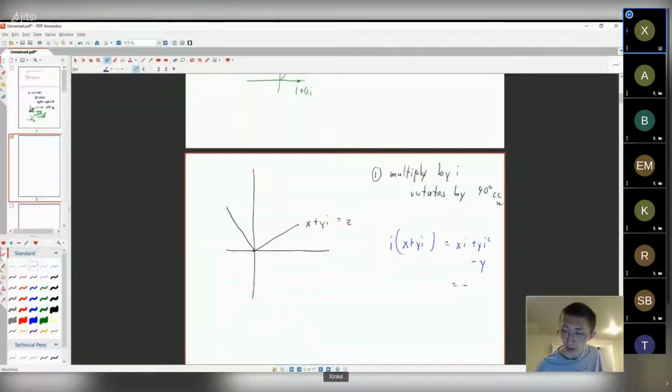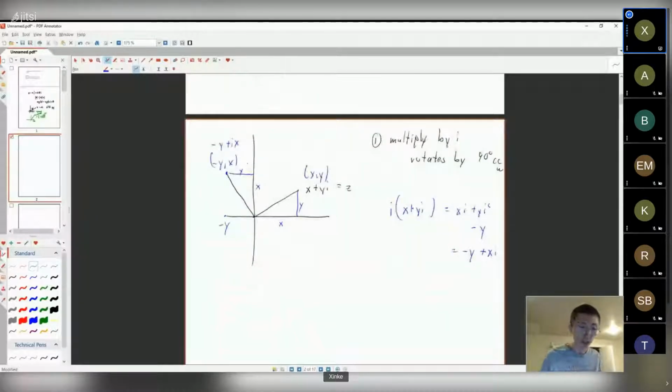So negative y is the real part, and xi is the imaginary part. This is the point (x, y), then negative y will be right here, and this will be (negative y, x). So this corresponds to negative y plus xi.